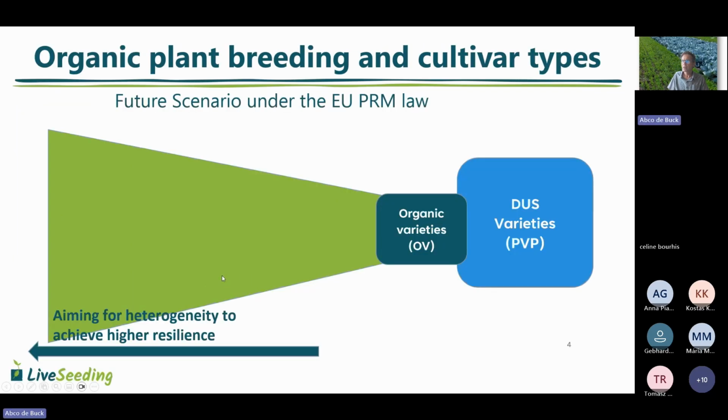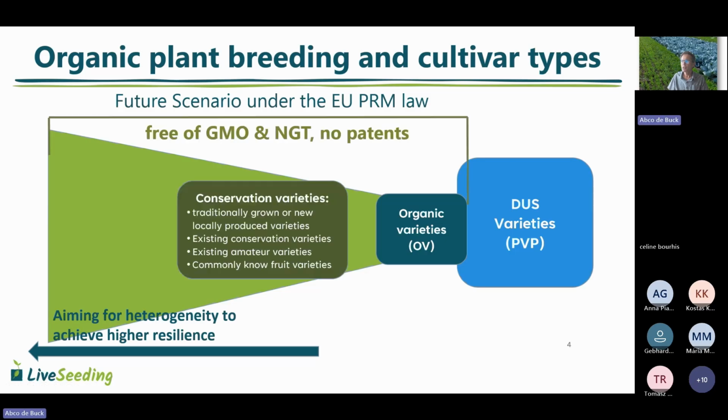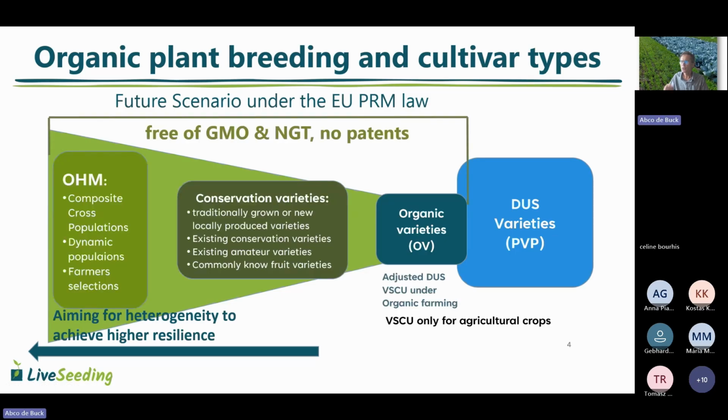To start, I will explain something about the heterogeneity and cultivar types. On the left-hand side of the spectrum, we have the organic heterogeneous material, which is purposely bred for the maximum heterogeneity to achieve a higher resilience. Several examples of OHM are mentioned in the figure.